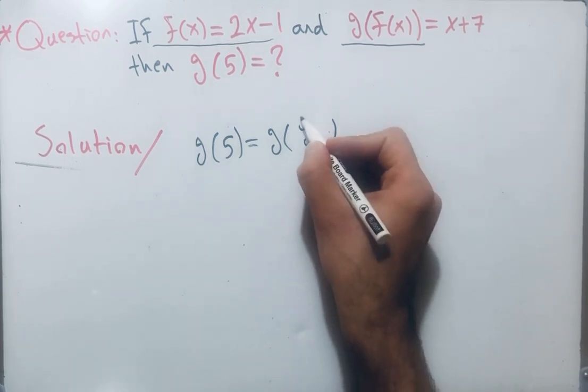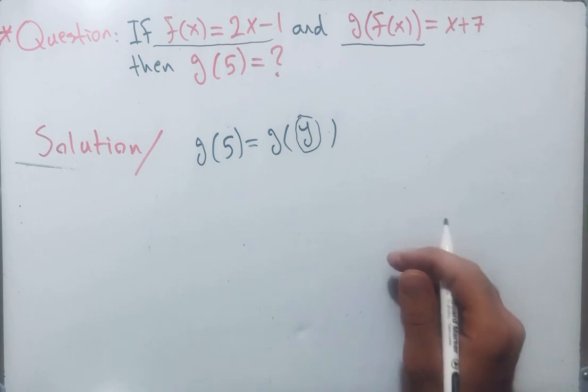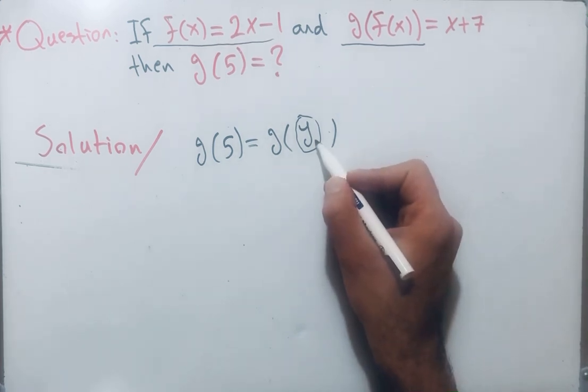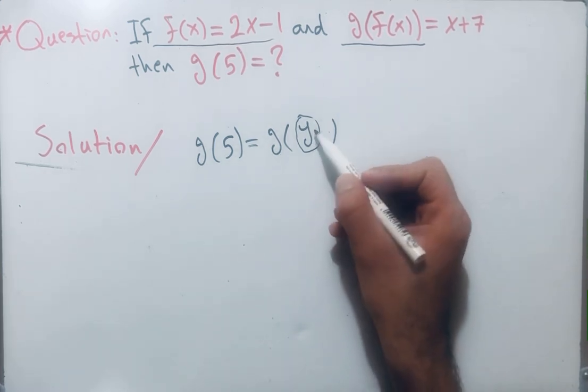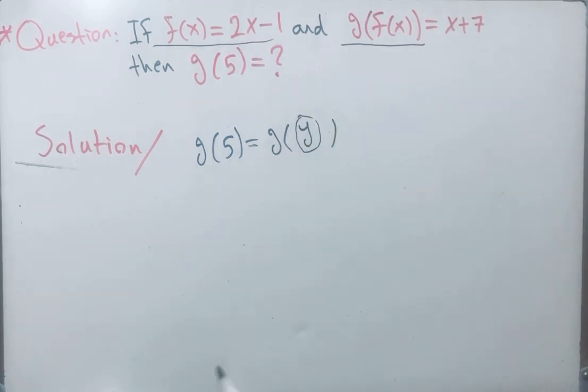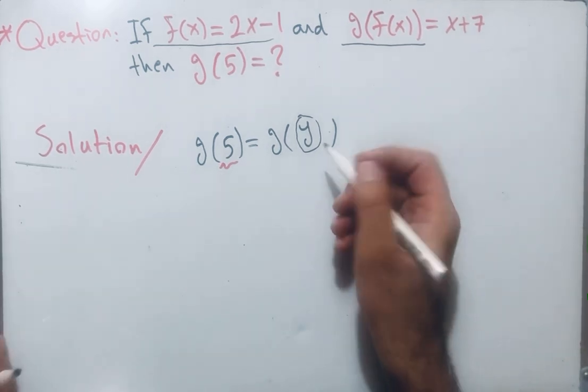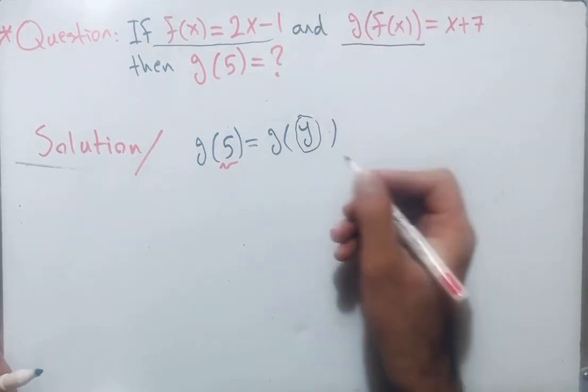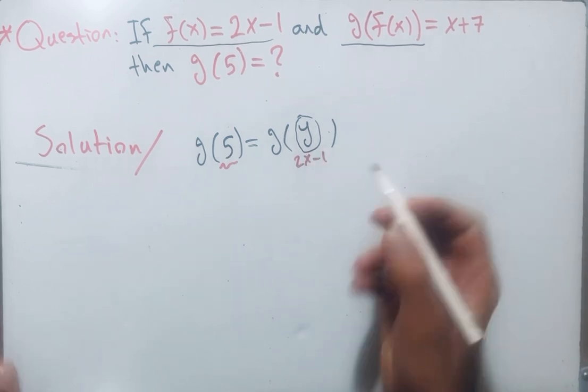So we want to find the value of y. Now I have to think what value, if I give it to f, is going to give me 5. So what do I mean by this? So this is 5, right? And we know that y is f of x, so this is 2x minus 1.